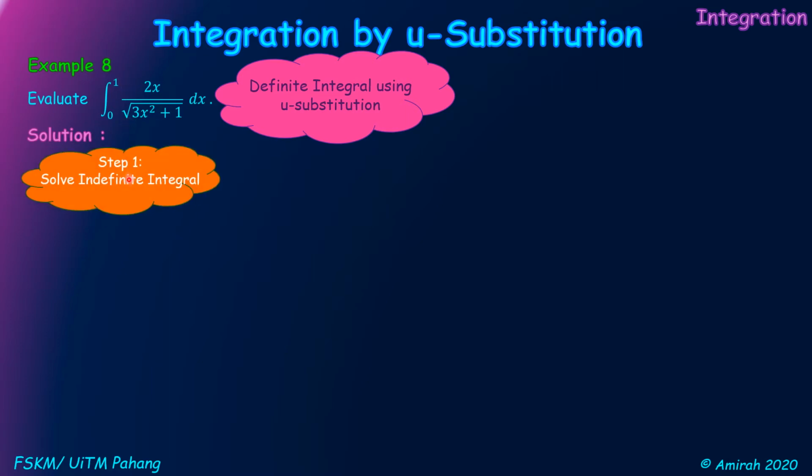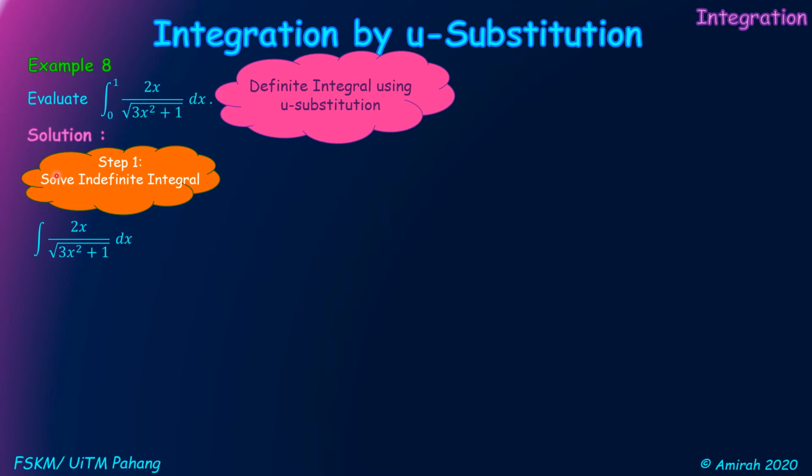To evaluate a definite integral using U-substitution, the first step is to solve the indefinite integral first. When we solve the indefinite integral, we just write the integration sign without the lower and upper limit. So we can write the integral of 2x over the square root of 3x squared plus 1 dx.